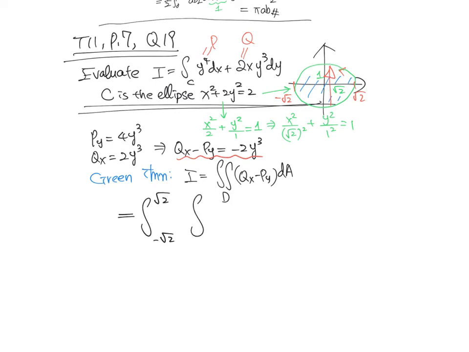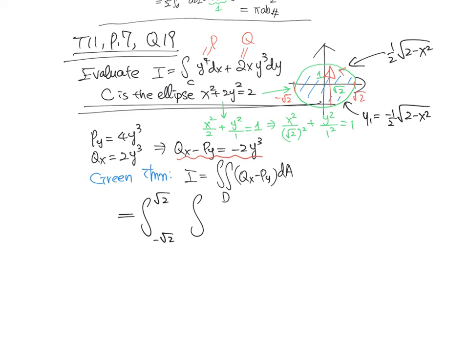This one is just y1, y2. This is y1 equals minus 1/2 square root of 2 minus x squared. This is y2 equals 1/2 square root of 2 minus x squared.